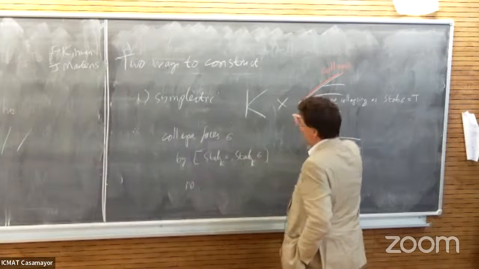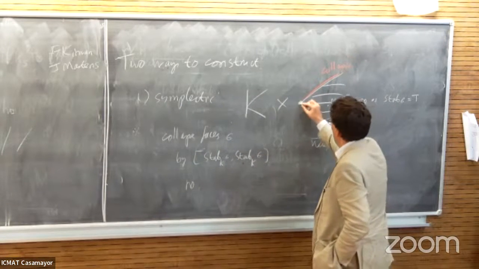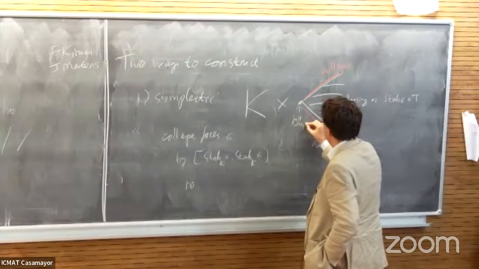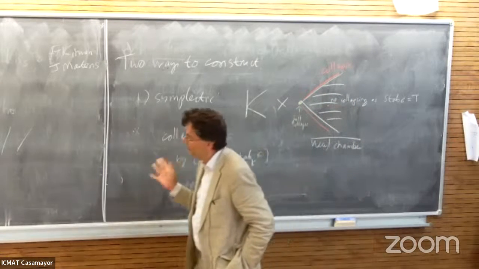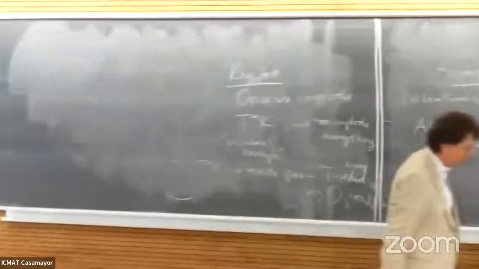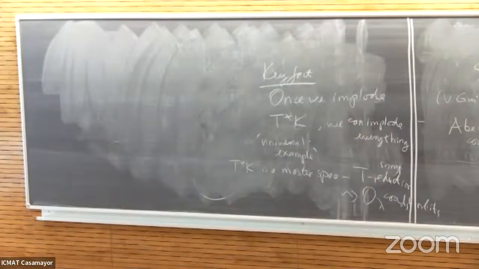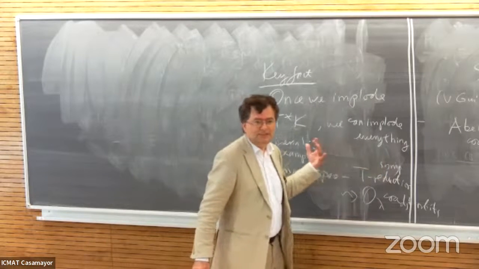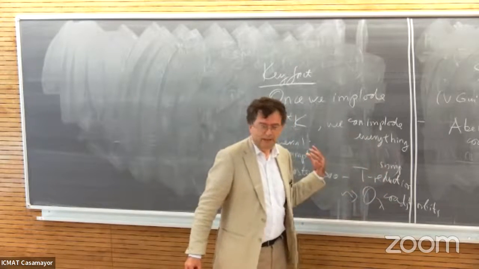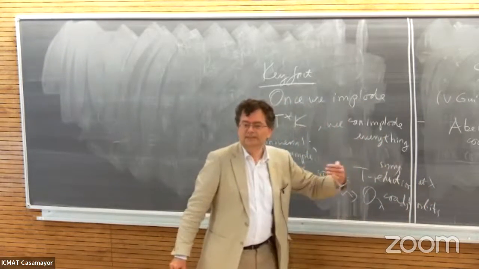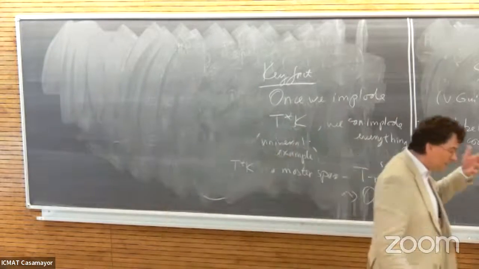And then the origin, of course, at least if the group's semi-simple, which we're always going to be taking, is a full collapse. It's not obvious, of course, that this does give you a symplectic space, but Guillemin, Jeffrey and Sjamaar showed this does work, and it's not too difficult from that description to see that this is going to have the desired property. It's going to be a master space for the coadjoint orbits with the abelian reductions at the various levels. That's one way of thinking about it.